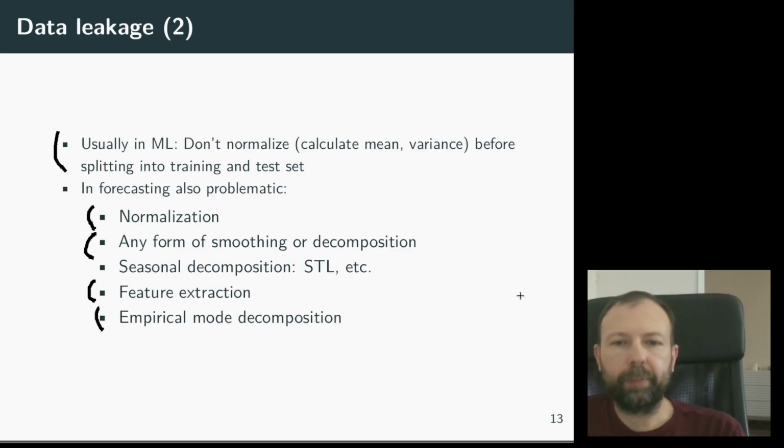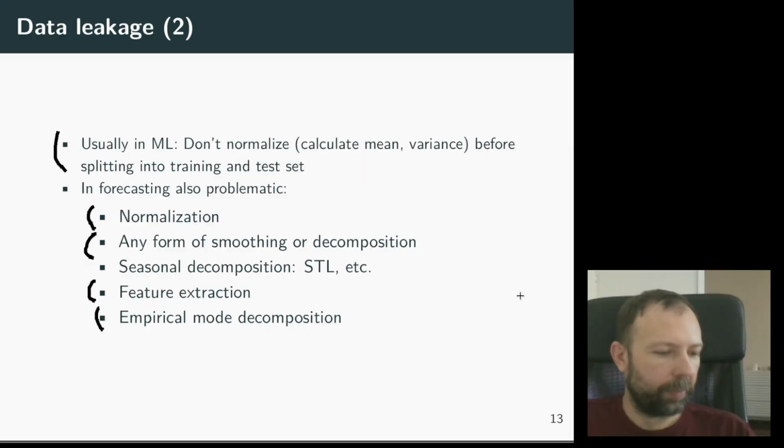Another method is empirical mode decomposition, which is also decomposition. And for some reason, I'm not too sure why, many people who use that in published papers do it wrongly by running EMD on the full data at first, and then they get amazing results for forecasting. But obviously, they never use their system in the real world, because then they would figure out that it's not usable.